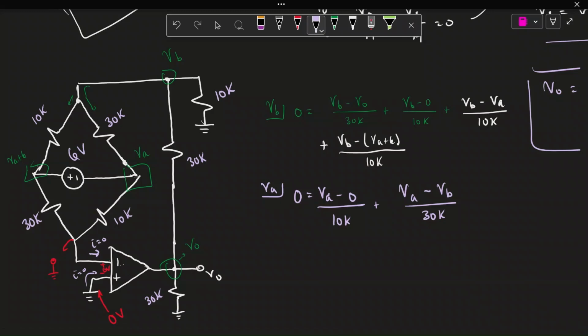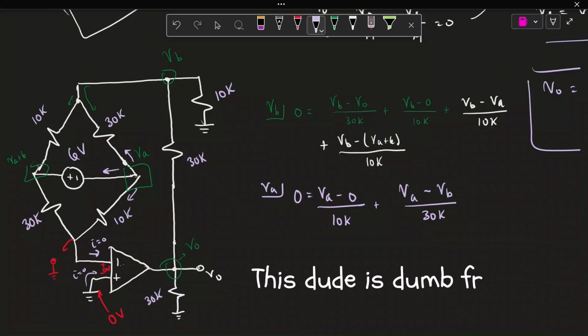All right. Let's see. So we have VA minus VB over 30K, which is the current coming out. So we have these two. Now this one might be, let's see, VA plus 6.